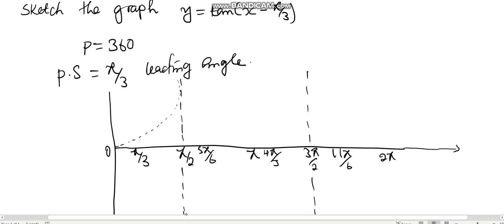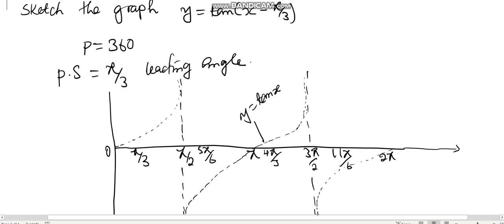Then it will come from down there, pass through 180 degrees, which is just pi, and it will get as close as possible to 270, like this here. Then it comes down from that point and goes to 360, which is just 2 pi there. So this is the graph of y equal to tan x like this.